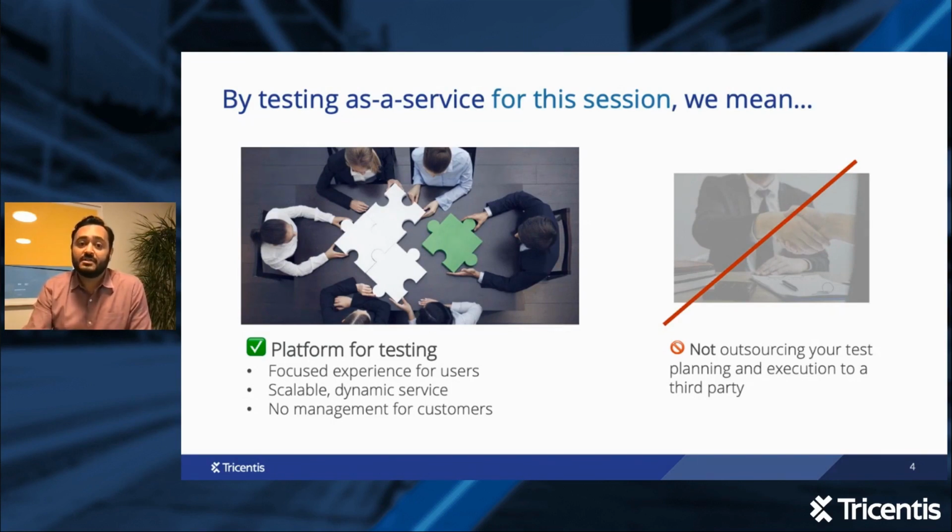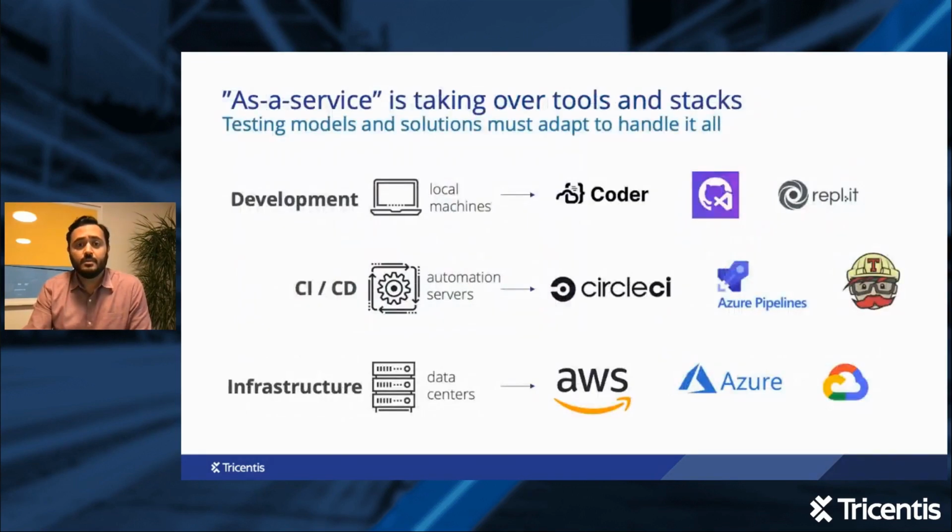It's the as a service we usually associate with SaaS or IaaS that makes up the cloud. As a service has been steadily taking over the stack and the toolchain for many years. A decade ago, many organizations began shutting down their data centers in favor of IaaS from providers like AWS or Azure.